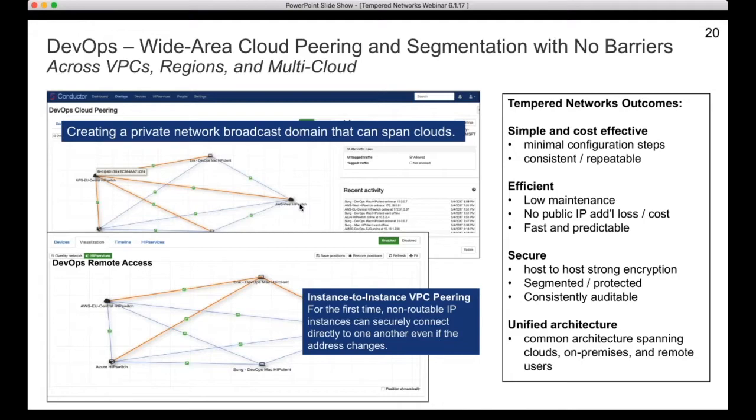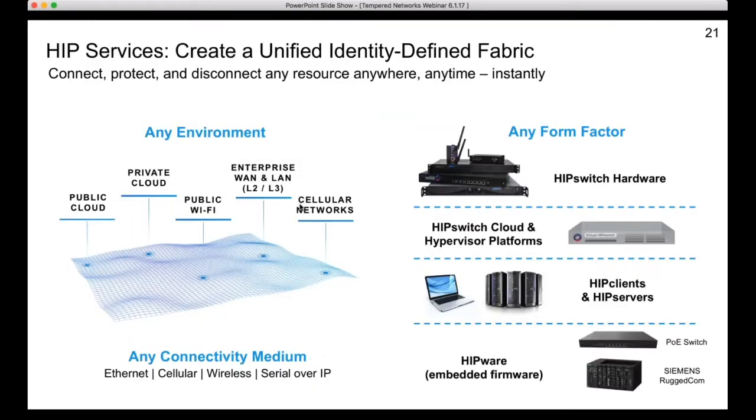And we're in essence creating a unified architecture that enables global mobility without constraint. So hopefully you're starting to get a picture of what this can mean for your environment and why we're such big proponents of the host identity protocol, identity-defined networking, and what wide area microsegmentation can mean.